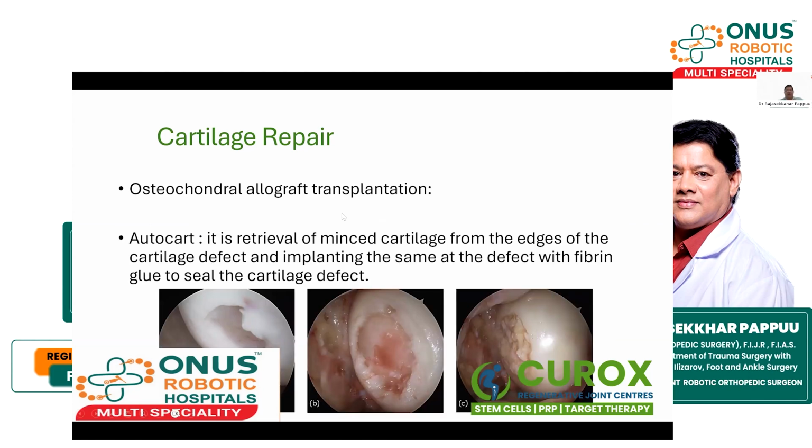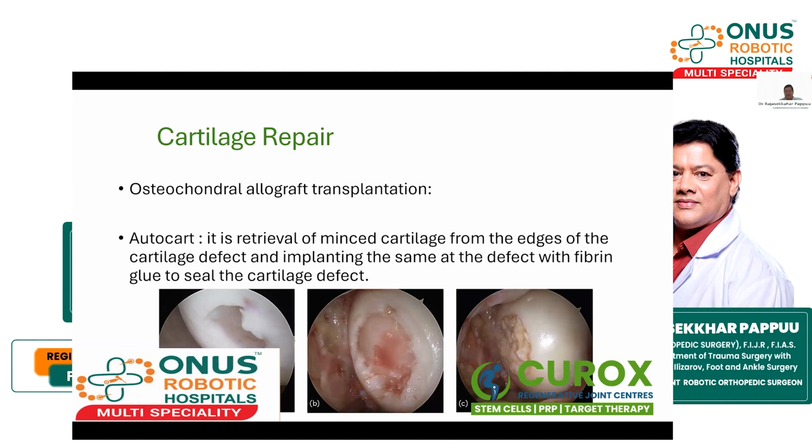See here, this is osteochondral allograft transplantation. What we do in this, we take cartilage from dead bodies or harvest it from other humans, maybe relatives, maybe non-relatives. That cartilage is transplanted to it. The biggest risk is disease transmission.